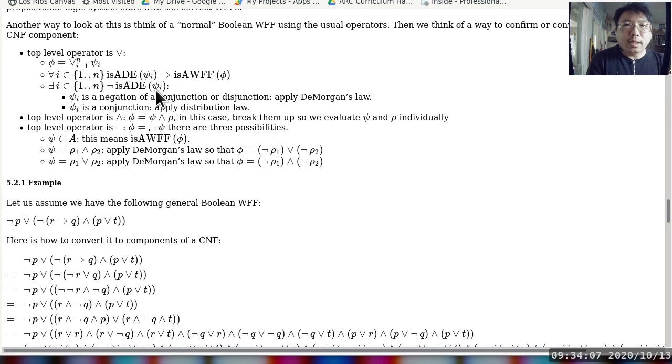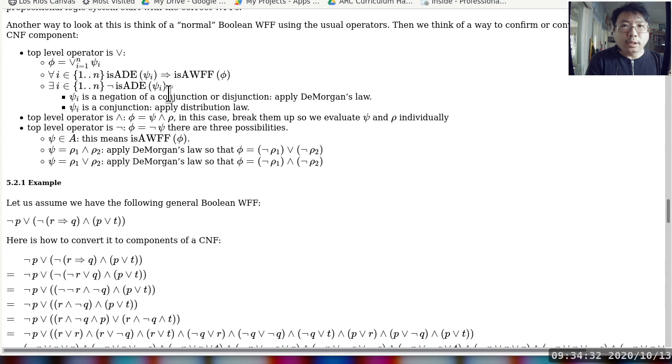Now, if psi I is not a disjunctive element, which means it's not a disjunction of things from alpha or negations thereof, there are only a few possibilities. Psi I itself is a negation of something. Then we apply De Morgan's law.